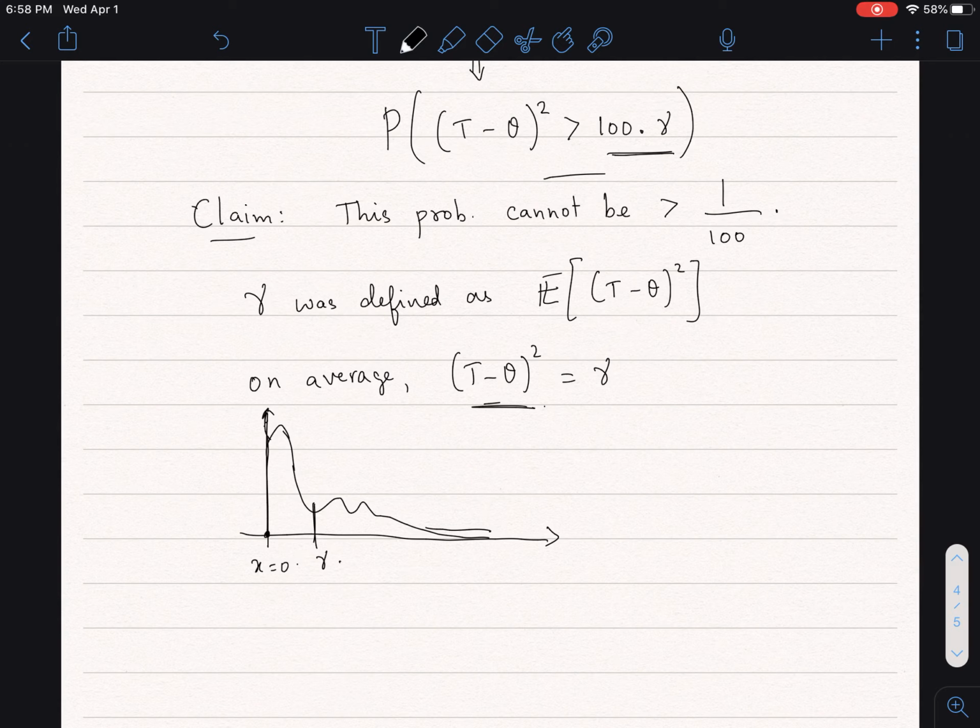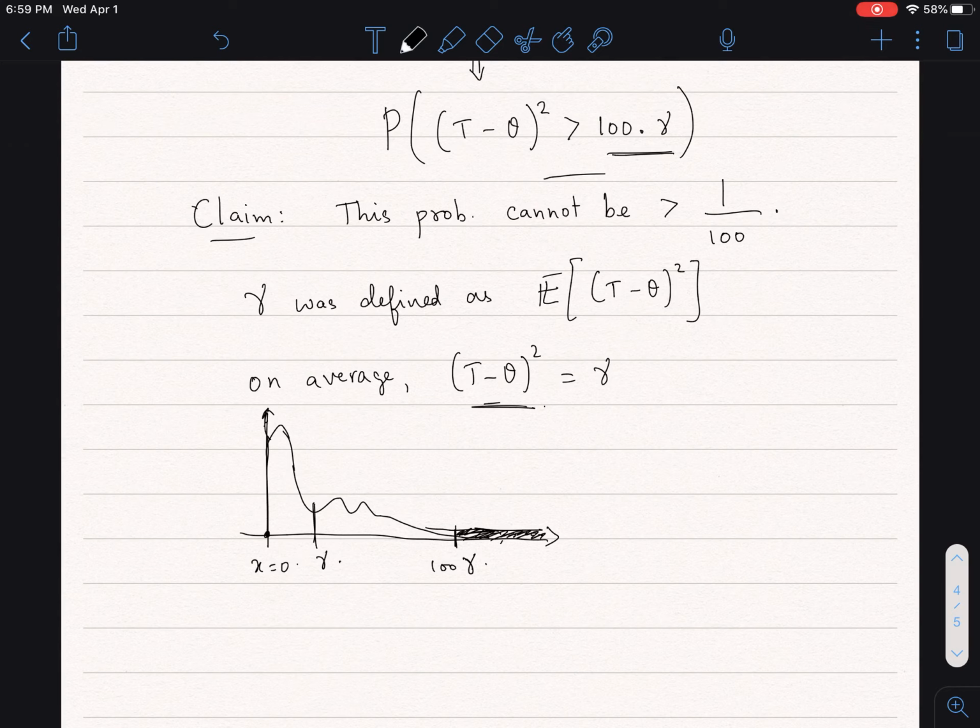Now I'm asking you, what is the probability that it's more than 100 times gamma? So I'm asking what is the probability that t minus theta whole squared lies in this interval? Bounding quantities like this is the goal of what is called Chebyshev's inequality, and that's what we will see just now.